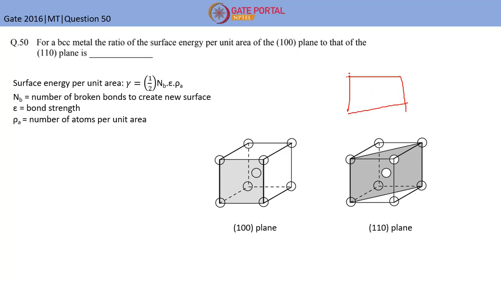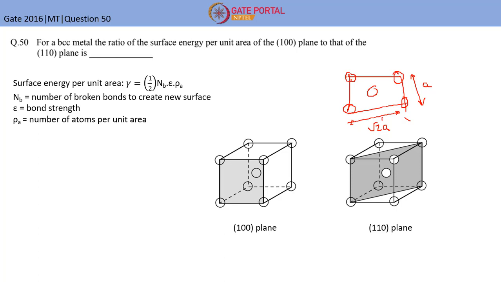the 100 plane, here one atom is there, here one atom is there, here one, and here one. So this whole is root 2a, and this is a. So now you can see this is a rectangle, so this is a 90-degree angle.